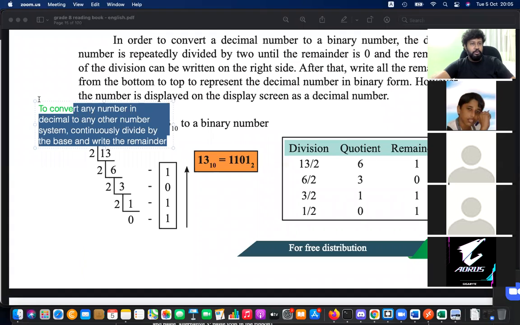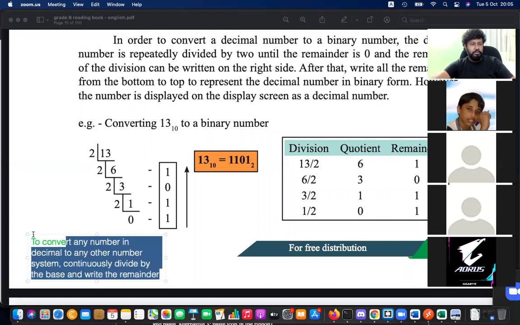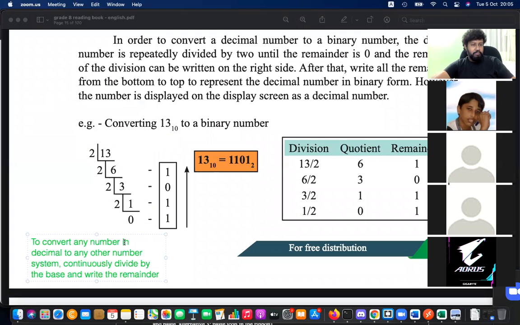If you want to convert any number in decimal to any other number system, continuously divide by the base, and here's the note, right? Continuously divide by the base and write the remainder. That is how we divide and convert a number to any number system, right?